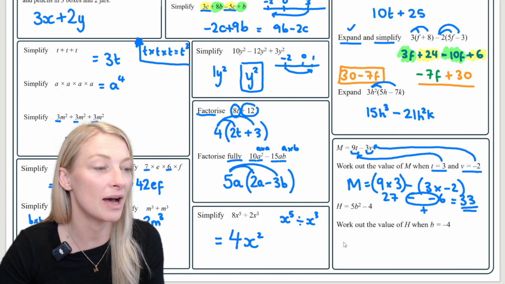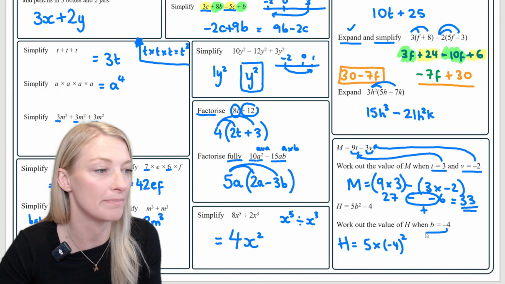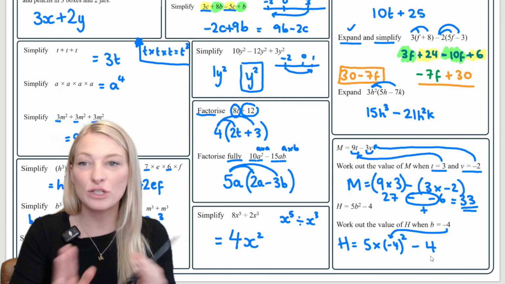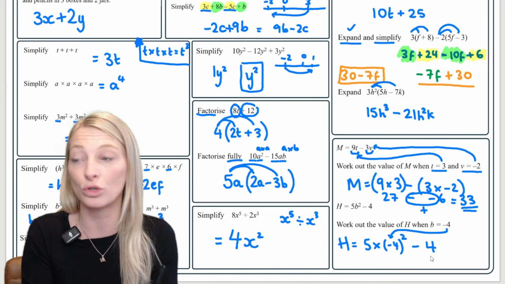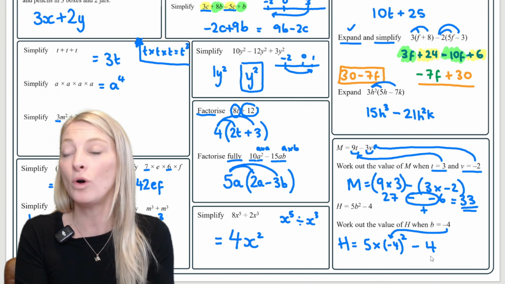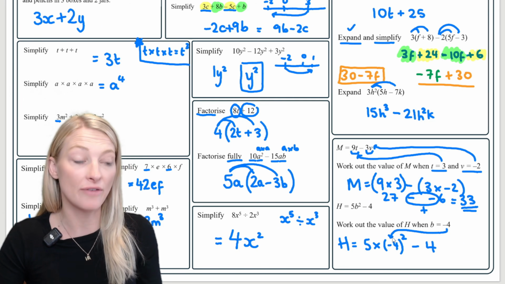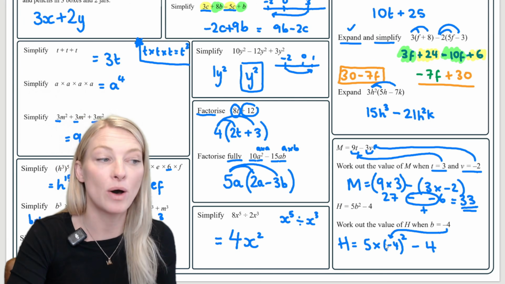And at the bottom, I've got h equals 5b squared. So 5 lots of minus 4 squared, because they've told us that b is minus 4. And then we're going to take away 4. Now, which bit of that sum are you going to do first? So we need to think about BIDMAS and the order of our operations. We want to square the minus 4 before we multiply it by 5. So minus 4 squared, when we square a number, we're multiplying it by itself.